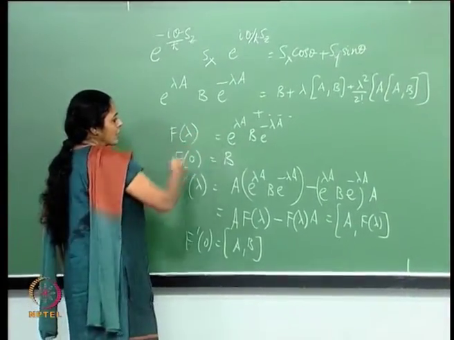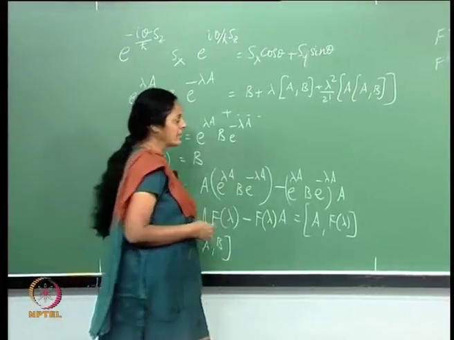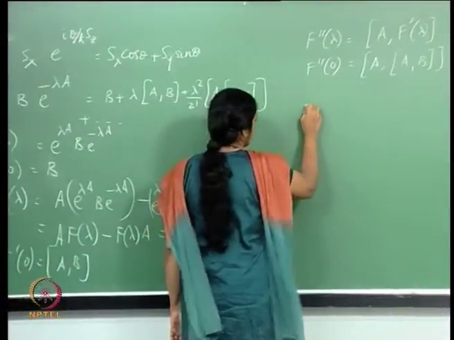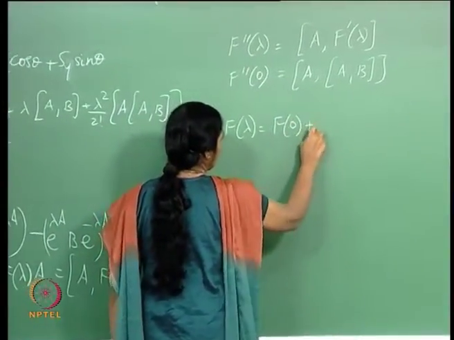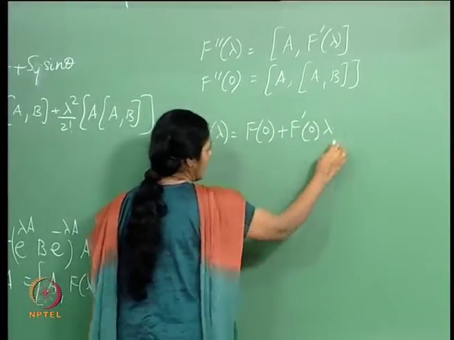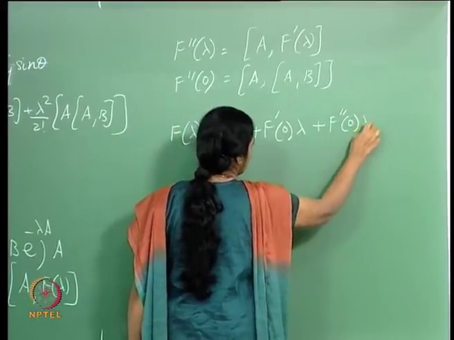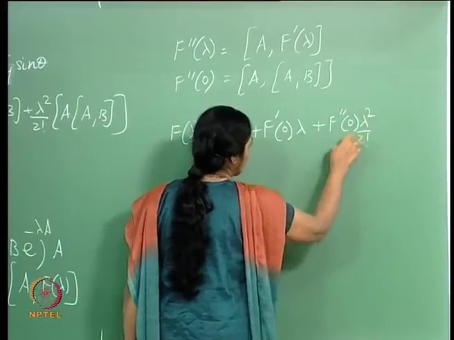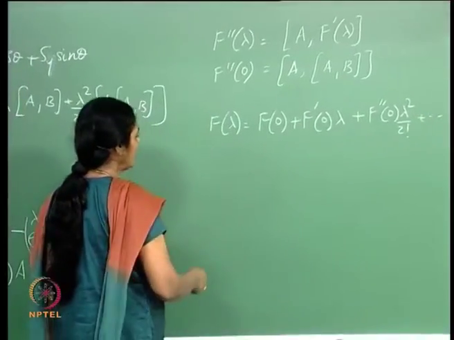It is a smooth function of lambda and therefore can be expanded as a Taylor series in lambda. So, I can write f of lambda as f of 0 plus f prime of 0 times lambda plus f double prime of 0 lambda squared by 2 factorial, and so on.